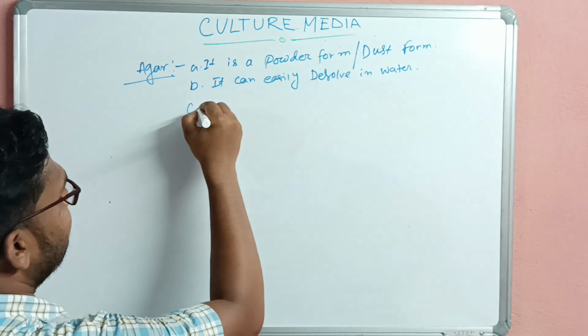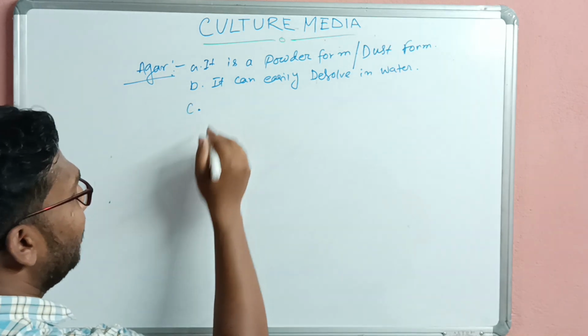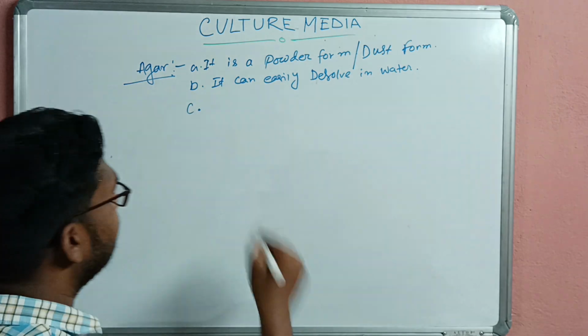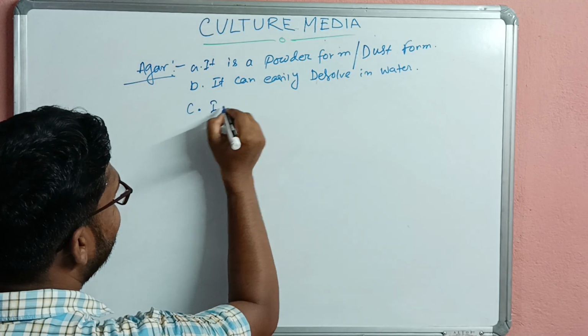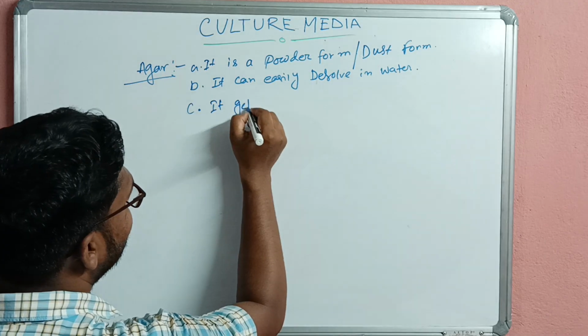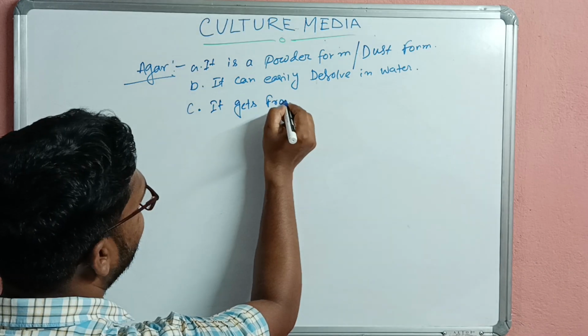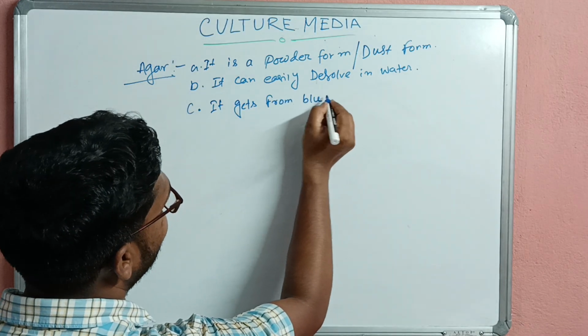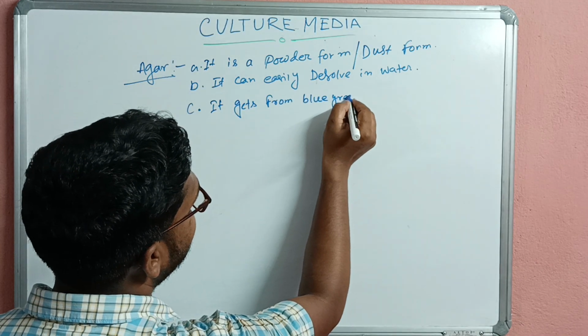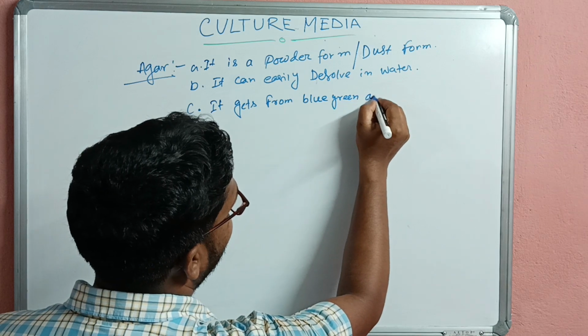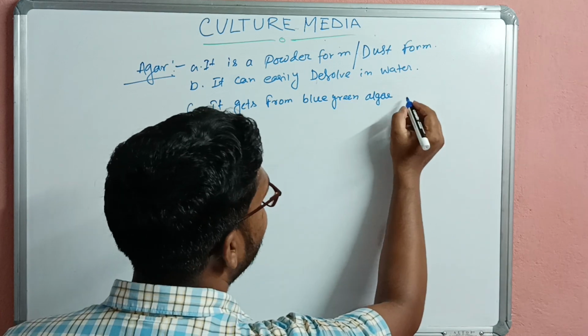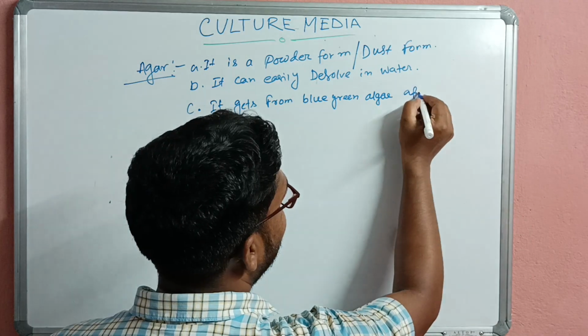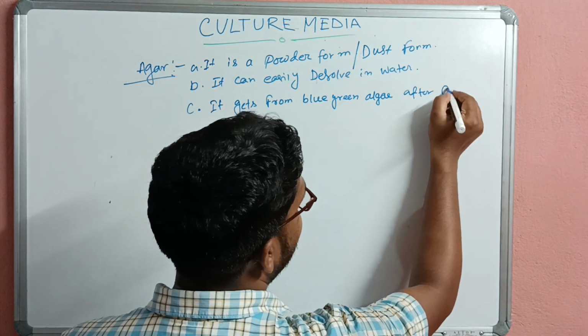Number C. From where do we get it? It is obtained from blue-green algae after extraction.